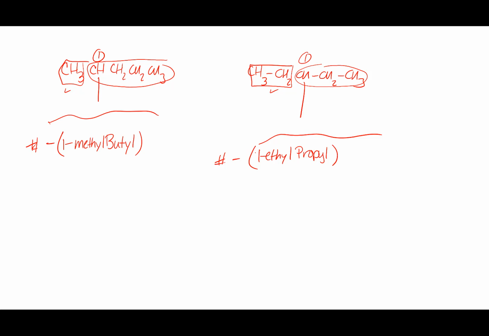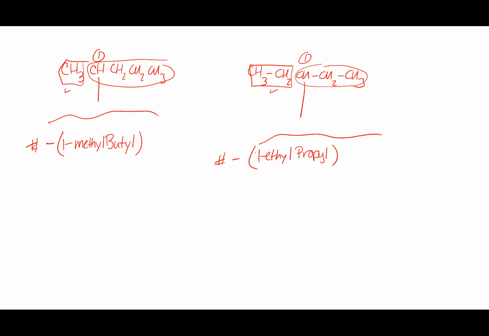The number where that group is attached to the longest chain in the alkane, because we're just dealing with a little piece of the alkane here. So this is just one group in the alkane. If I put it in brackets, then I don't get the numbers messed up.